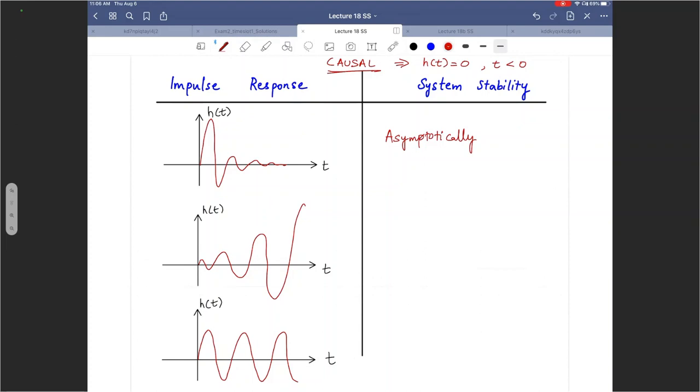The next one, obviously, is growing with time, so that's unstable, right? So it's asymptotically unstable. The impulse response is growing with time. The last one is called marginally stable.